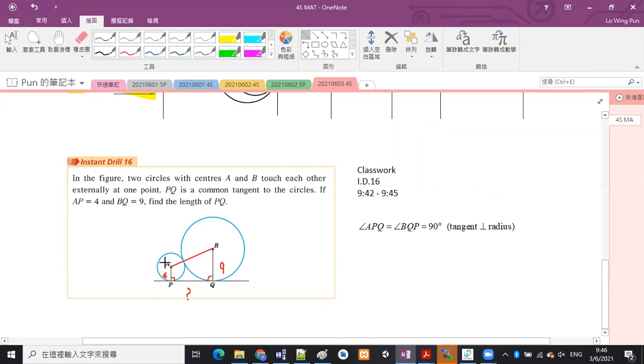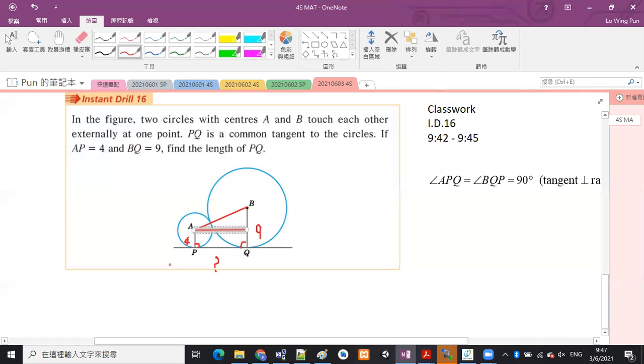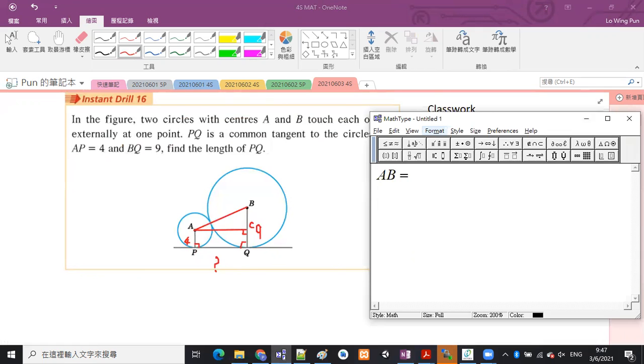Then we also join this line, and I call this point C, where AC will be perpendicular to BQ. The length of AB will be equal to 4 plus 9, that is 13.